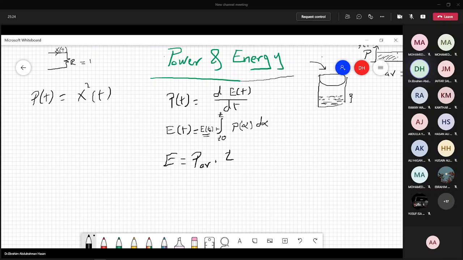So we can write 1 multiplied by x squared. If you have something different, you just need to scale this one. Then energy is equal to the integration of P of T, which is x squared of T dt. If you want total energy, then it is an integration from minus infinity to infinity.